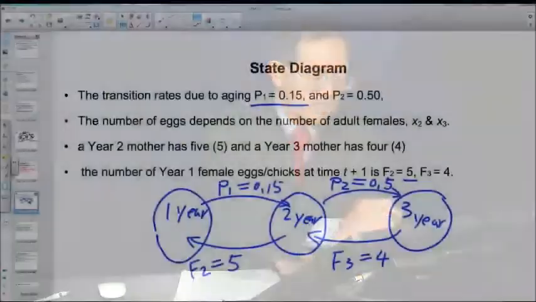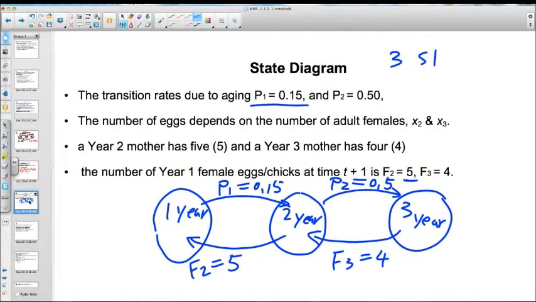So before I move on, I know this is new to you. Let me briefly summarize what we have. For any state diagram, you have states. We have 3 states, and we are going to call them x1, x2, x3.